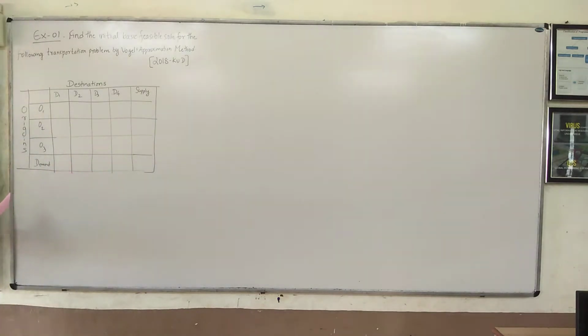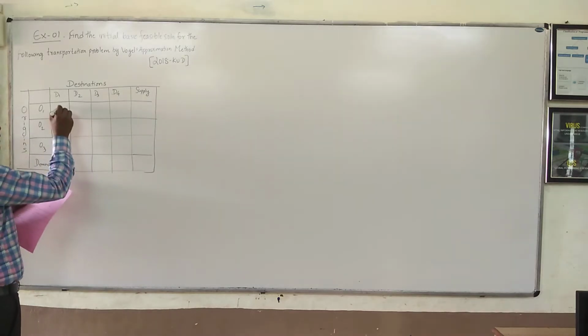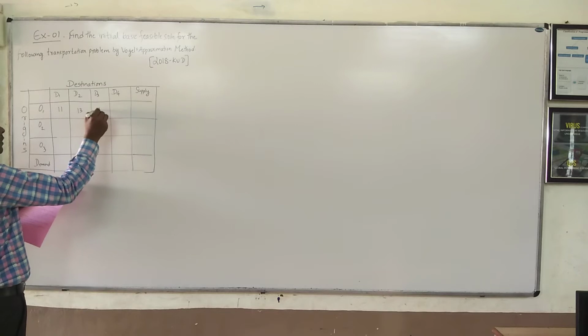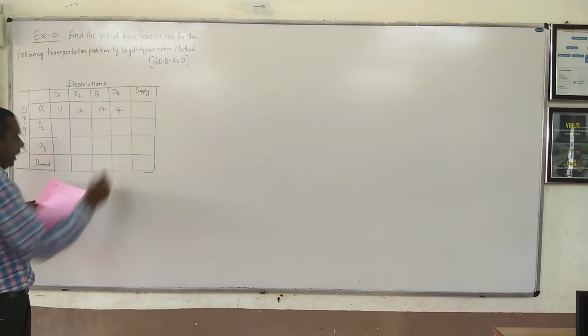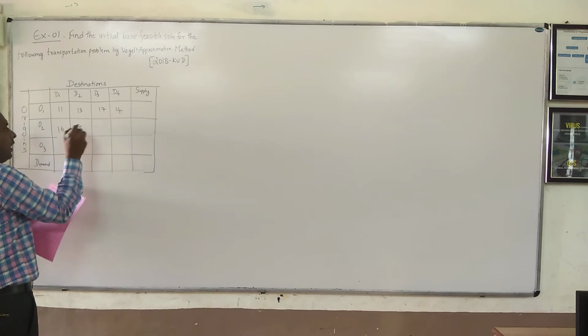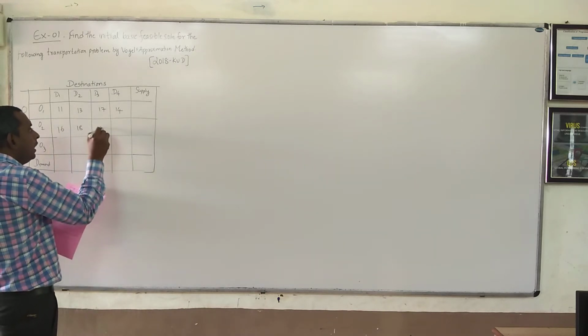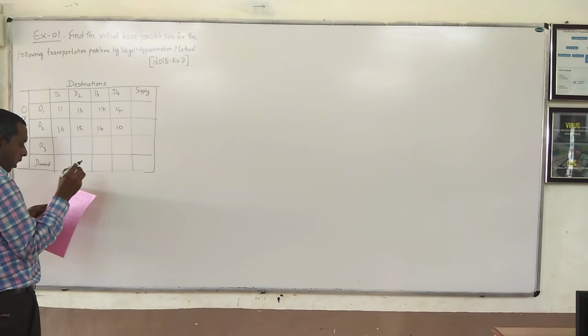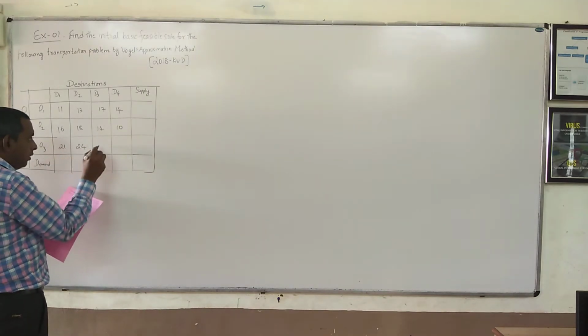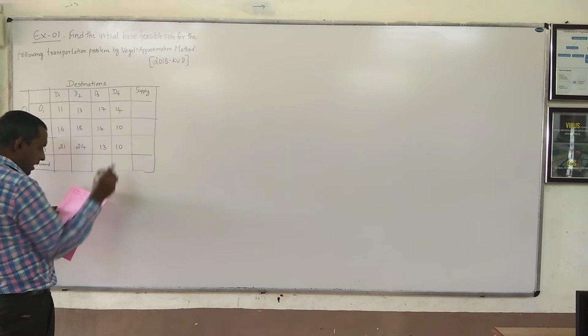Fine. So it is 11, 13, 17, 14, 16, 18, 14, 10, 21, 24, 13 and 10.